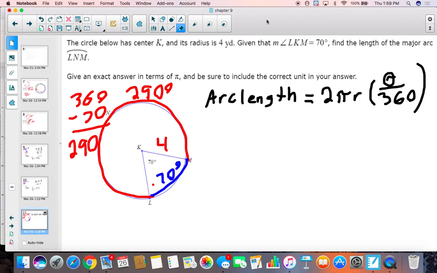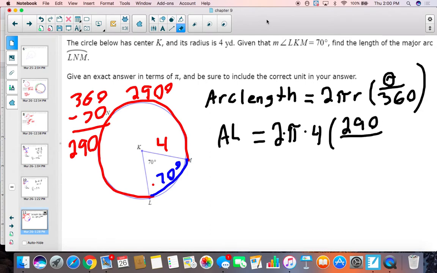Now let's start plugging into our formula what we know. Our arc length is going to be equal to, and I'm just going to abbreviate this for more room, 2 pi r. Do we know r? Yeah, we do. We know it's 4. So 2 times pi times 4, and then times, well, we know theta is 290, divided by 360.